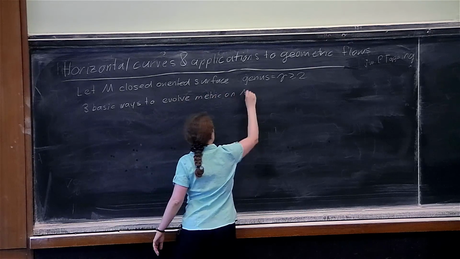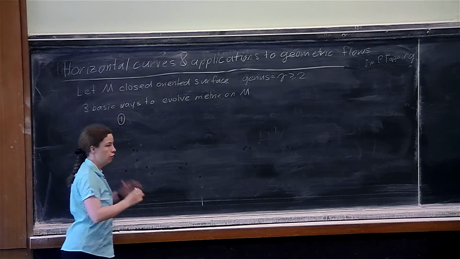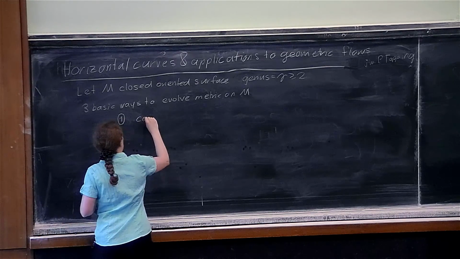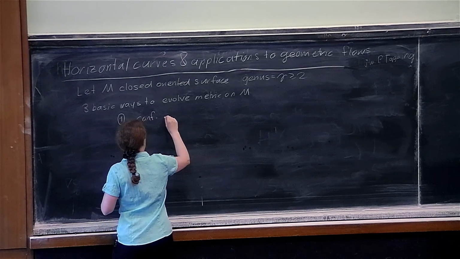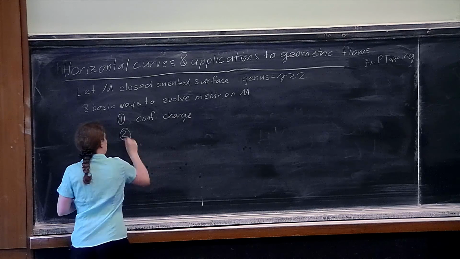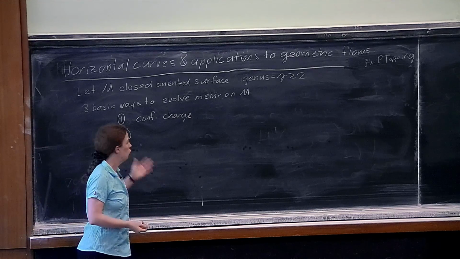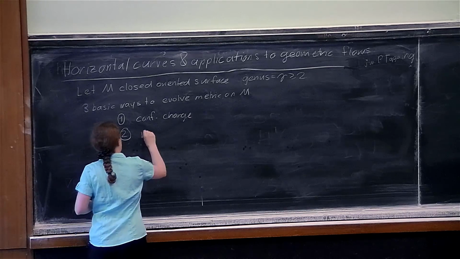on such a surface. The first one is keeping the conformal class fixed, but changing the conformal factor, so conformal change. The second class is, from the point of view of geometry, doing nothing, but just taking your metric and pulling it back by diffeomorphisms.